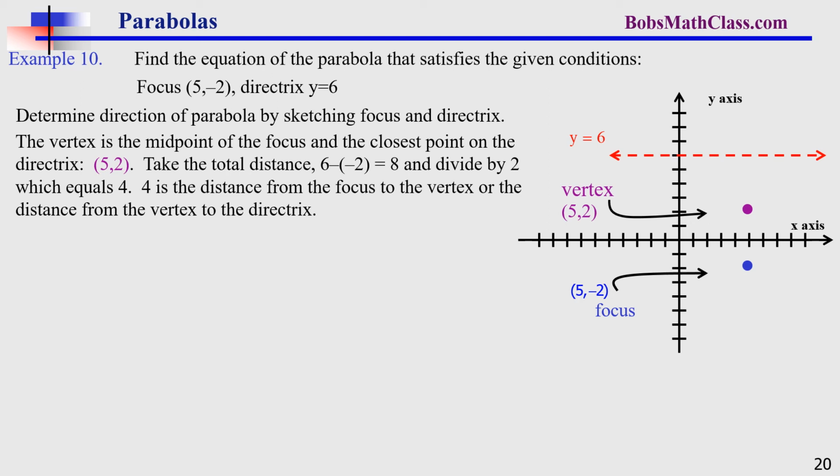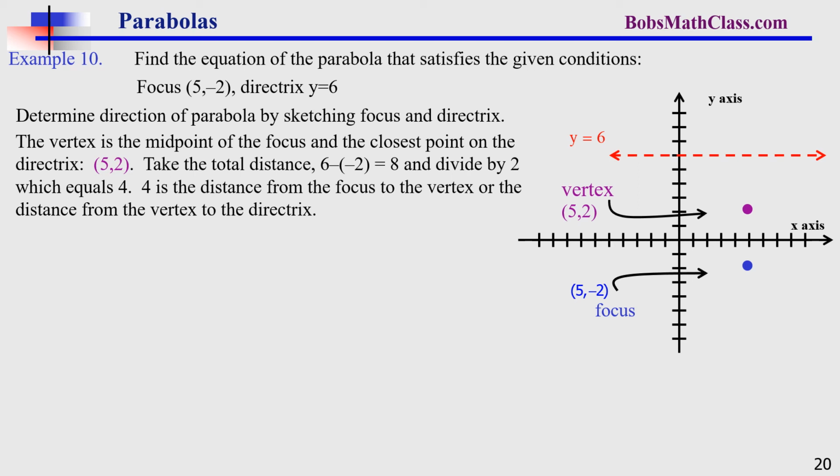Again, it's right in the middle between the directrix and the focus. The total distance between the directrix and the focus was 8 units. Half of 8 is 4. So count up 4 from the focus or down 4 from the directrix. That's usually the easiest way. Okay, so now we have our vertex. Now what is the value of P?